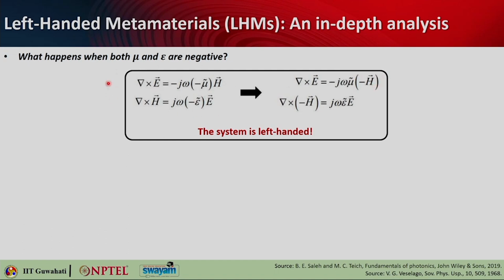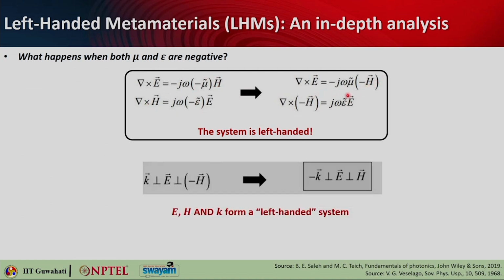First we will look into Maxwell's equations here, where you have a material which has mu to be negative, so mu is basically minus mu, and you have a negative epsilon as well, so epsilon is basically minus epsilon. So you have negative signs in both cases, and you are trying to push this negative sign to the H vector, the H field. When you do that, you can get this kind of a system.